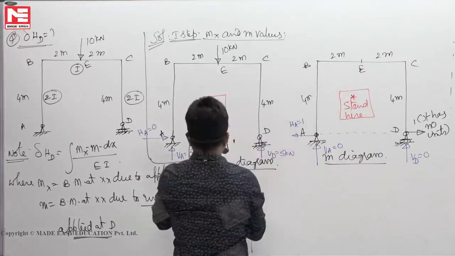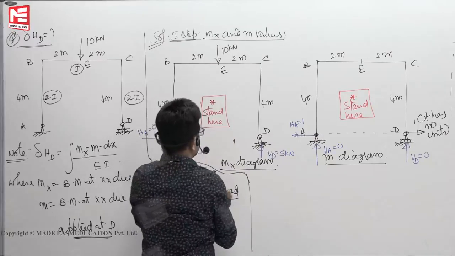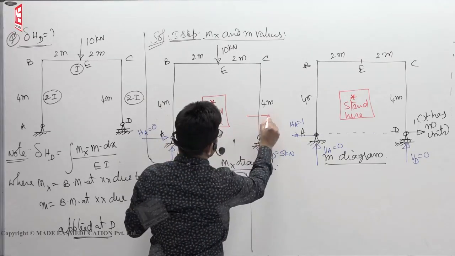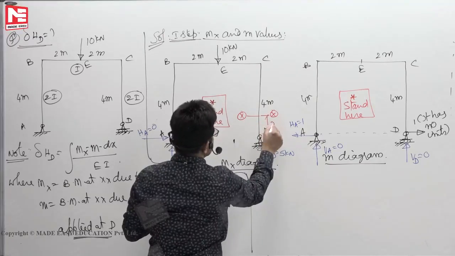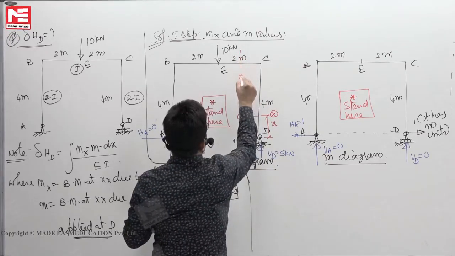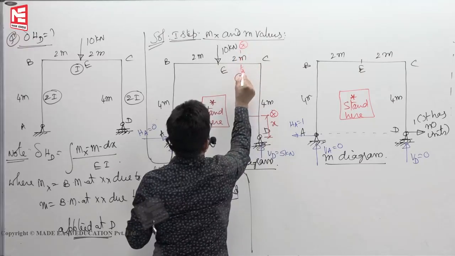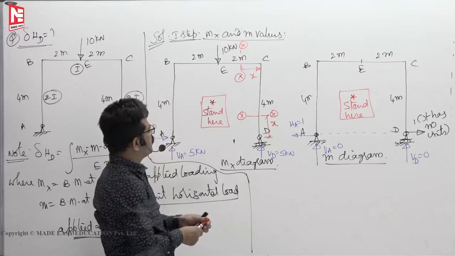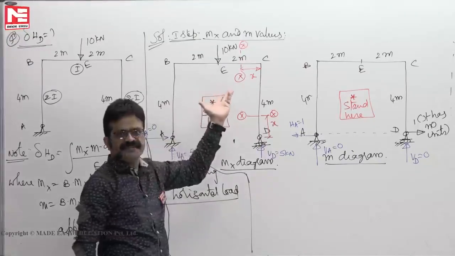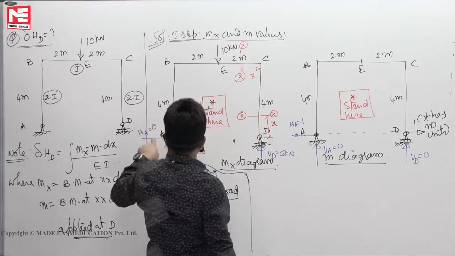Now how many segments do we have to take? I can take a section XX here at a distance of x, and here also a section XX at a distance of x. It is enough to take only two segments because it is a mirror reflection, symmetrical. HA is 0.